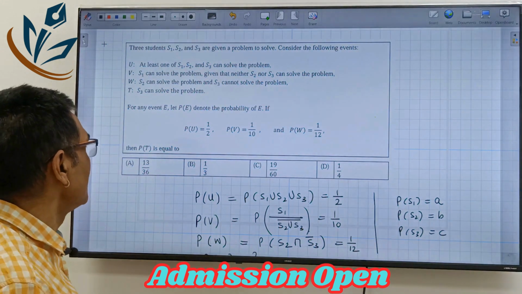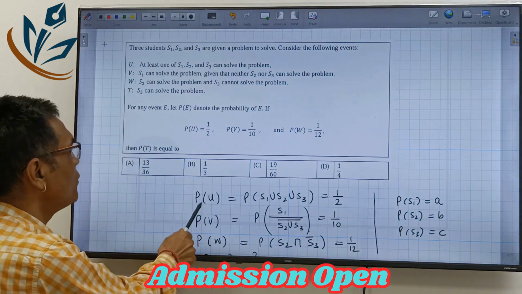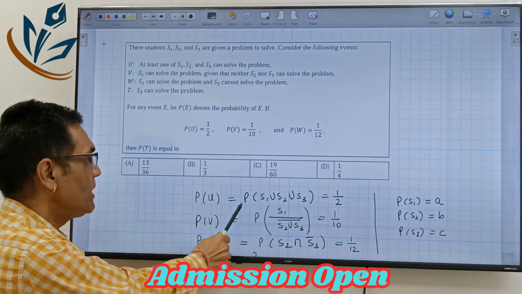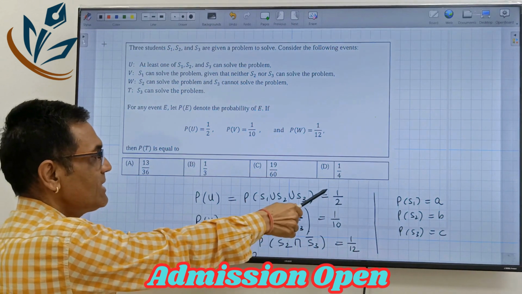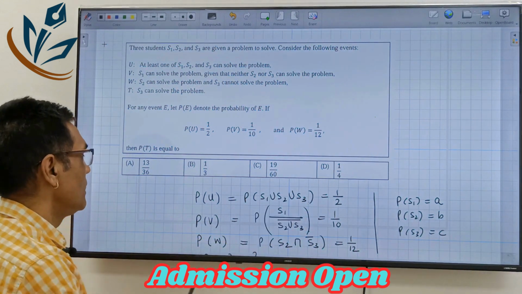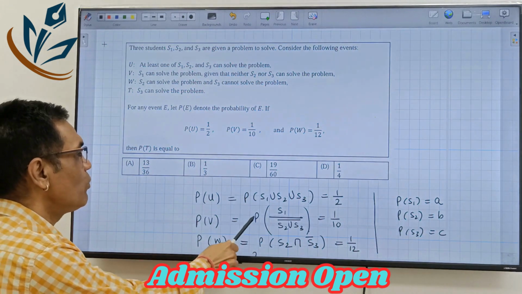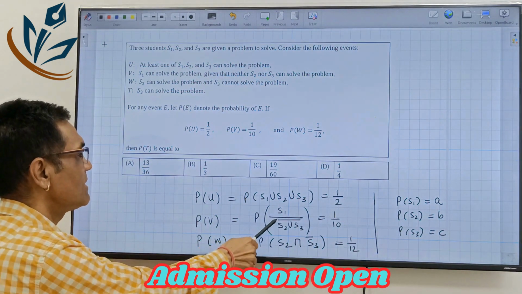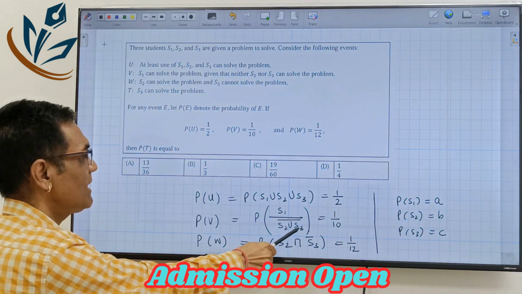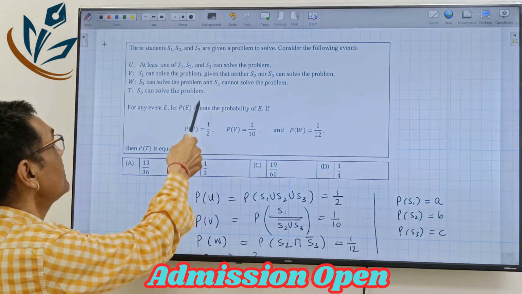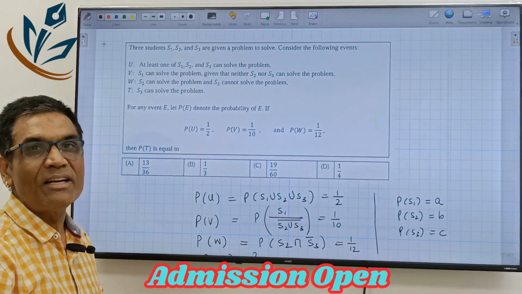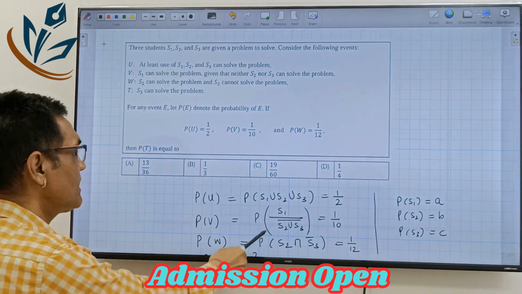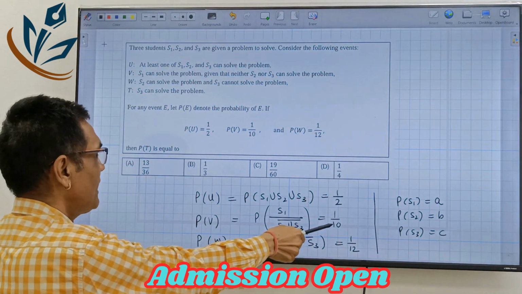Now, if you see, in the very first event, P of U, as I told you, would be P of S1 union S2 union S3, which is given as 1/2. P of V is equal to P of S1 given S2 union S3 bar. Since it is given that, it is a conditional probability, which is given as 1/10.